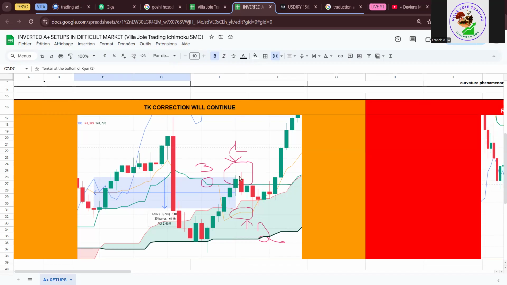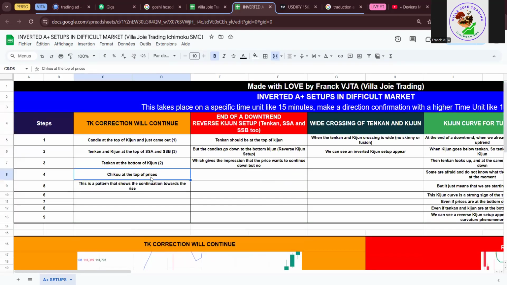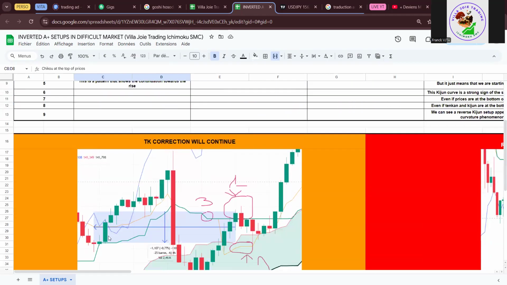Candles are above all of the Ichimoku lines, but Tenkan is going down, is below Kijun. The candle is above Kijun, the Tenkan is below Kijun. So it can be confusing, but it is actually a sign that it is going to the upside. So Chikou is above the price.